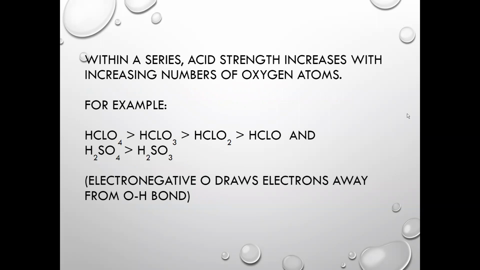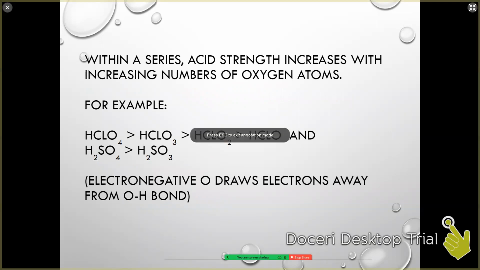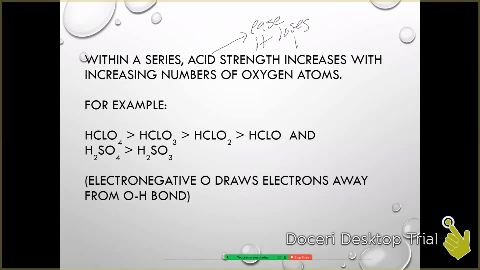Within a series, acid strength increases with the increasing number of oxygen atoms. Acid strength is about how easily it loses an H plus.